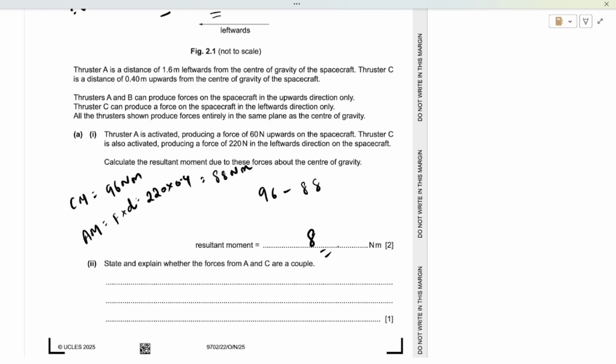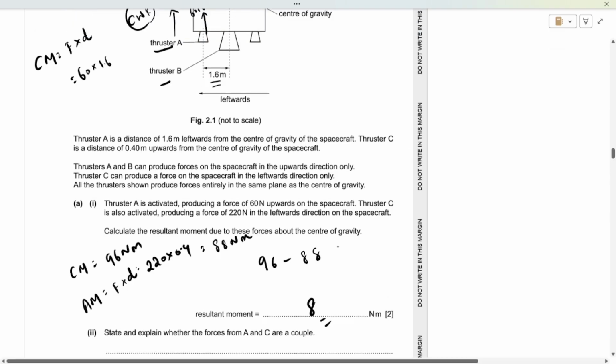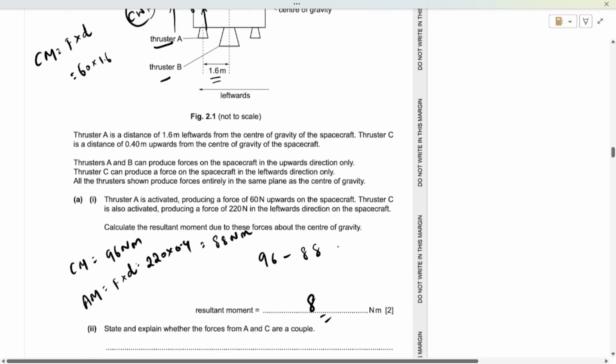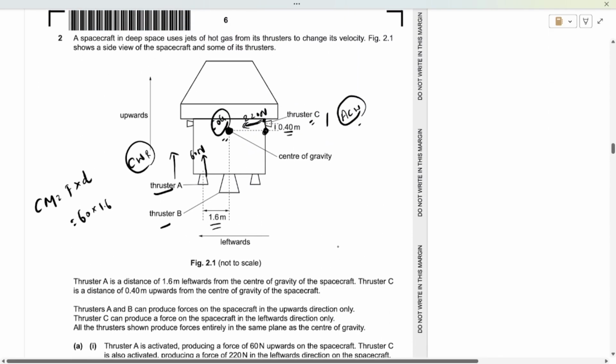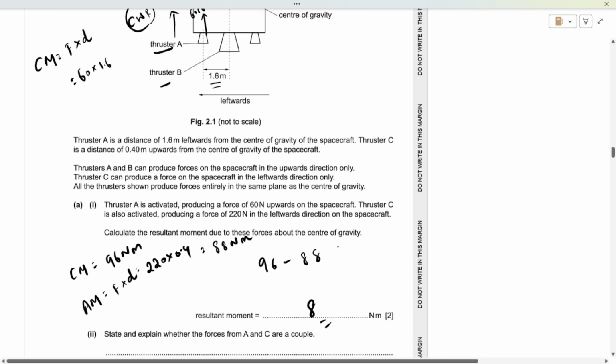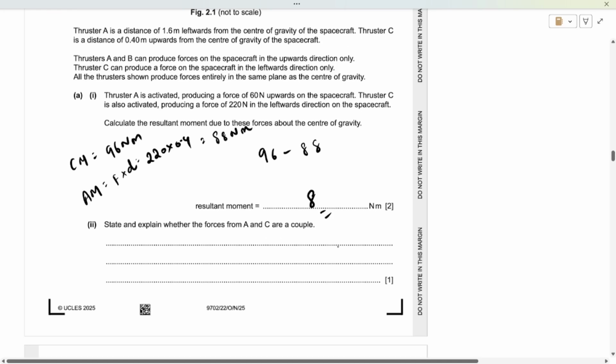Okay. So the next question is to state and explain whether the forces from A and C are coupled. Recalling about a couple, when the two forces are equal, we can say that it is a couple. But here the 60 Newton and the 220 Newton forces are not the same.